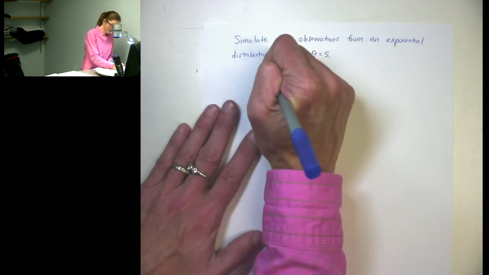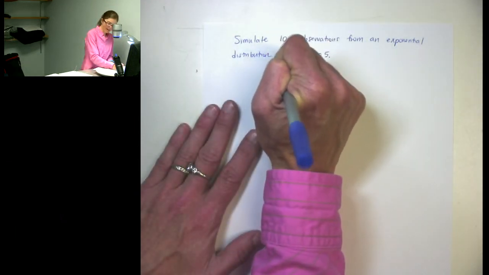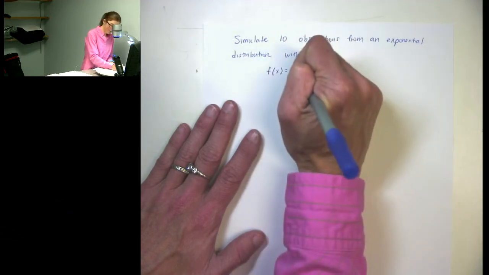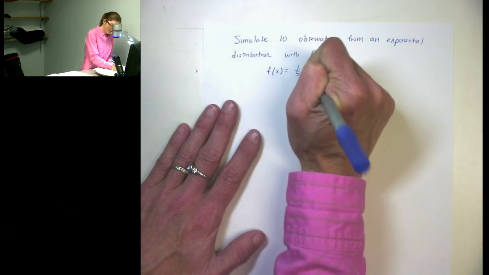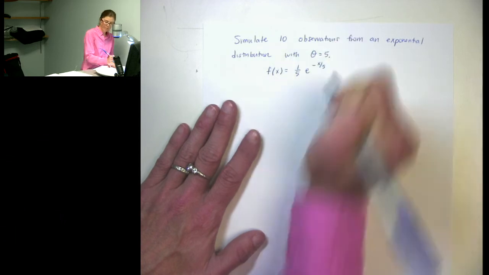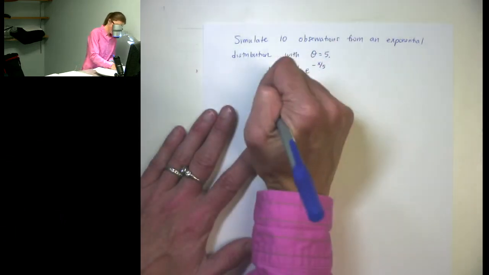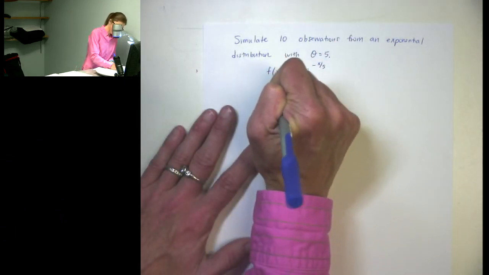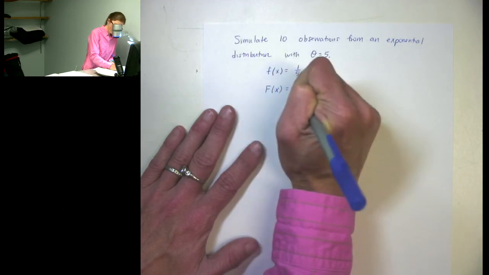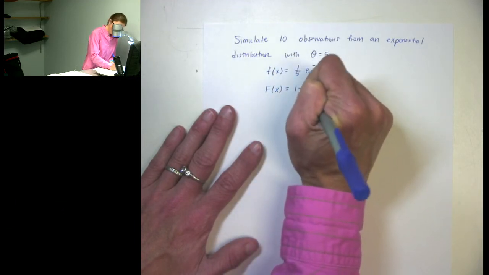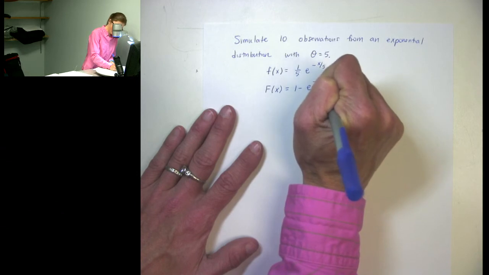In this case, my probability density function, f of x, is equal to 1/5 e to the minus x over 5. And my cumulative distribution function, capital F of x, is equal to 1 minus e to the minus x over 5.